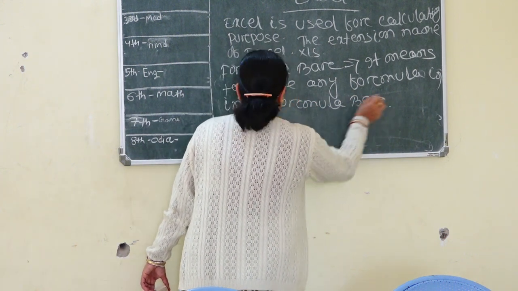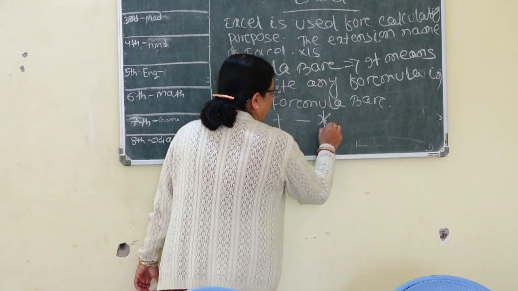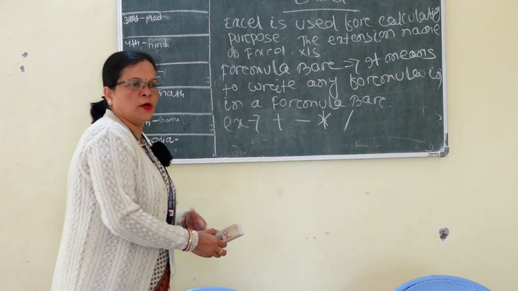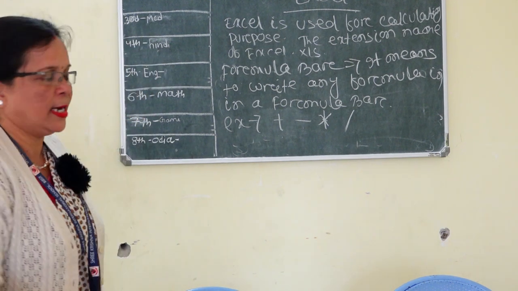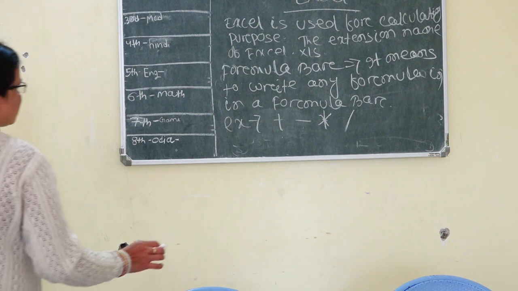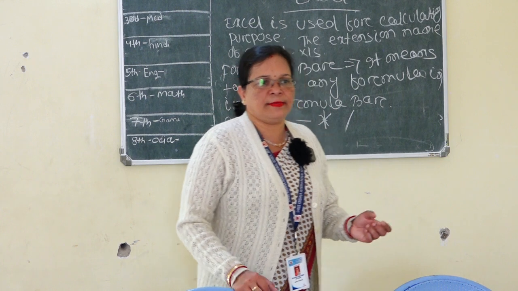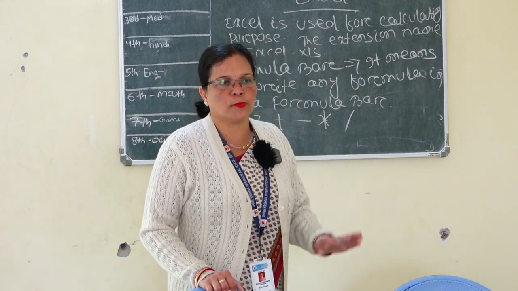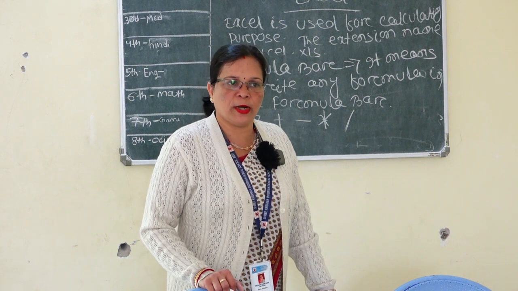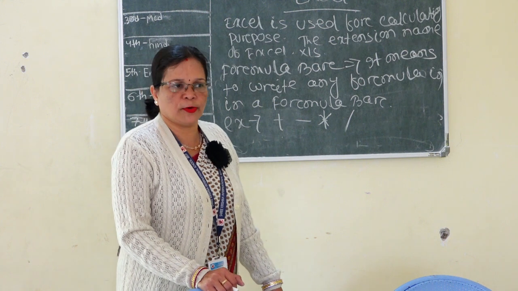So we will take the example of addition, plus, minus, into, division. If you want to calculate addition, subtraction, multiplication and division by using two numbers, so at that time we will write the formula in which area? In the formula bar area.